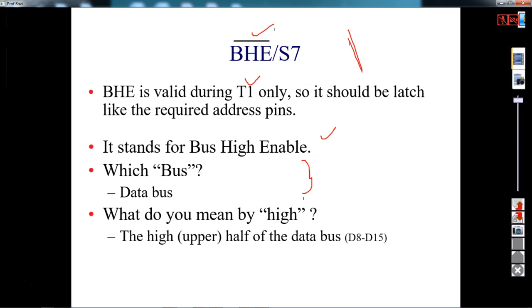So if you have two memory chips of RAM, then for the lower byte, from this memory you need to get the data. This memory enable is what we call chip select. When this chip select goes low, this memory is enabled.